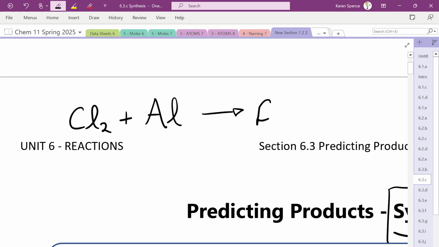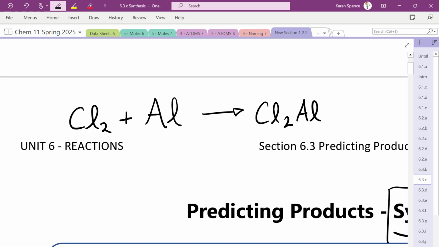Compound. Ooh, that looks weird. Let's fix that one. Cl2Al. Do we love that? How much do we hate that? You should hate it a lot. What's one thing that's wrong with it? What's wrong with the formula Cl2Al?